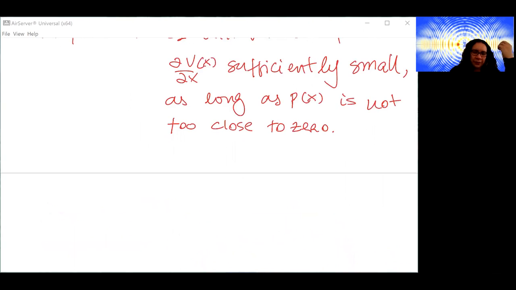Now, what we use is we're going to consider an approximation. So we're going to say that S is equal to S0 plus h-bar S1.